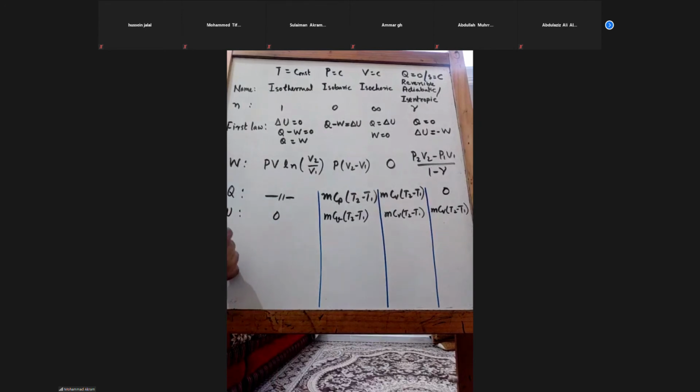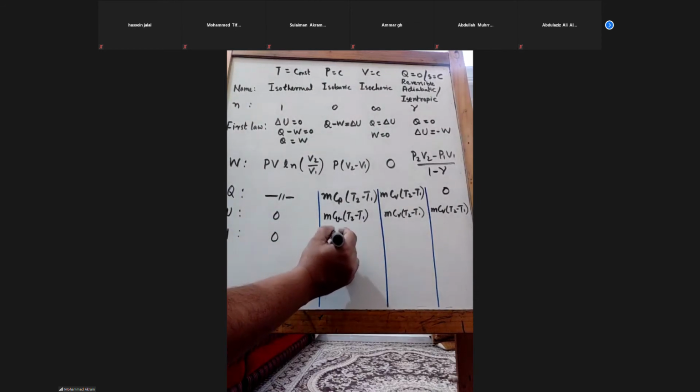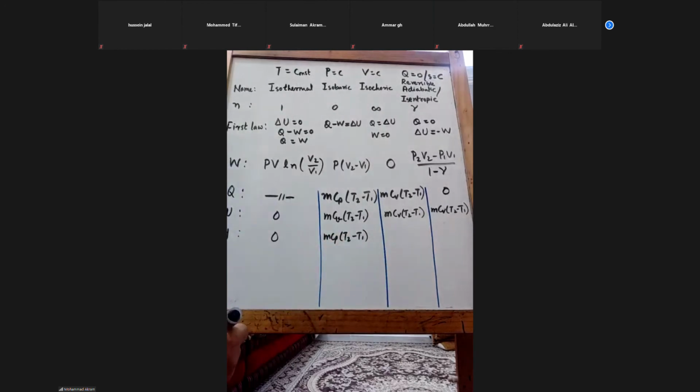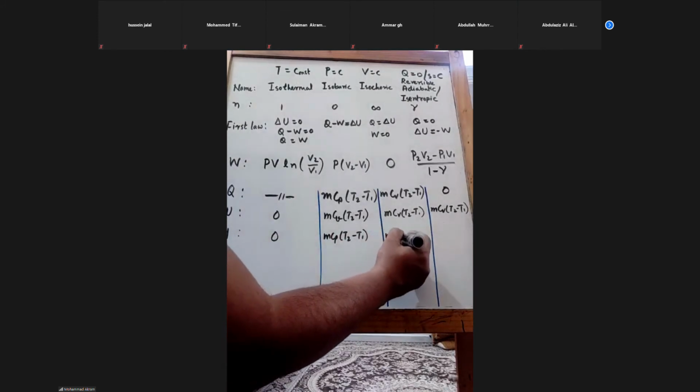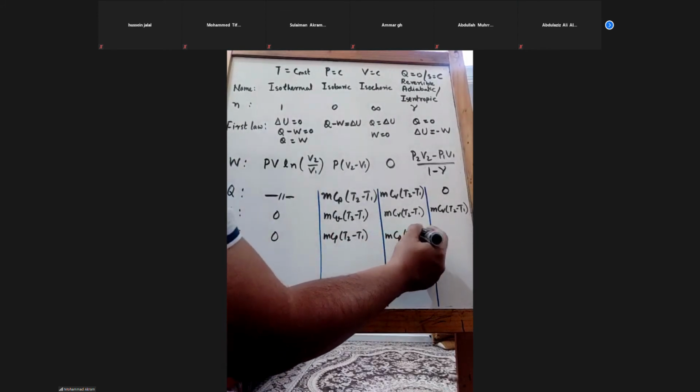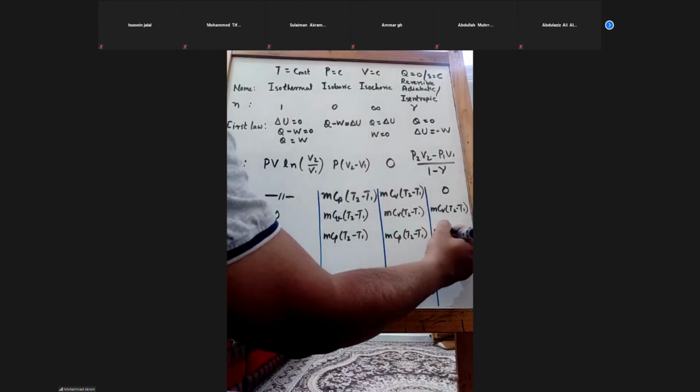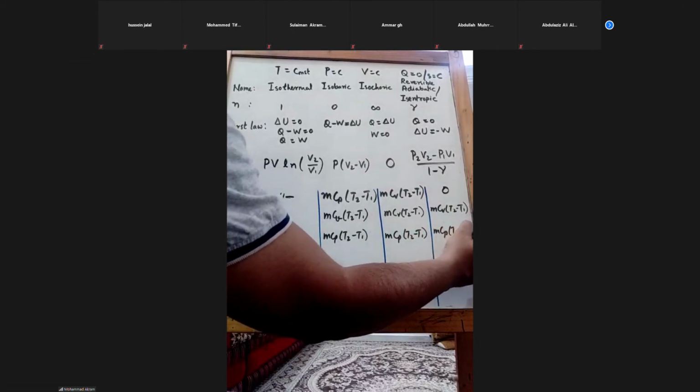Similarly, delta H is 0 for the first, and M CP T2 minus T1 for the others.